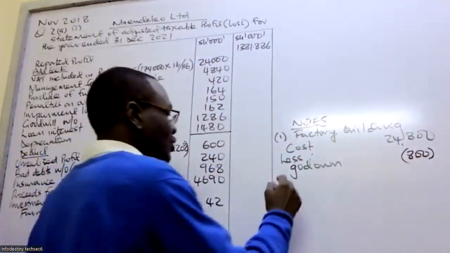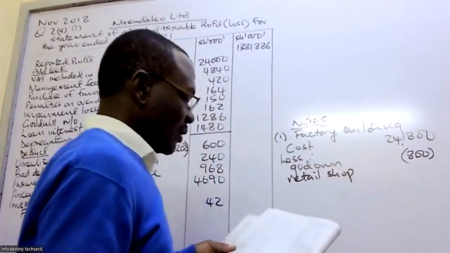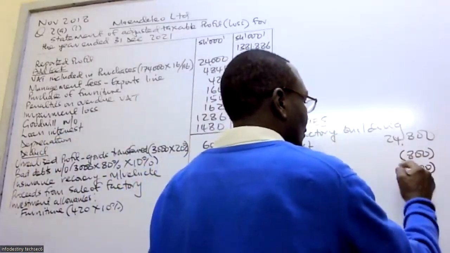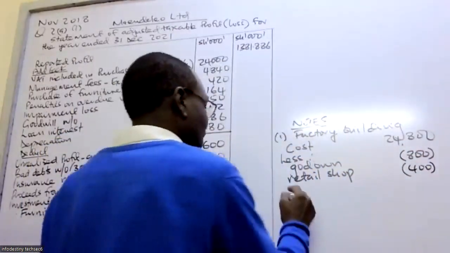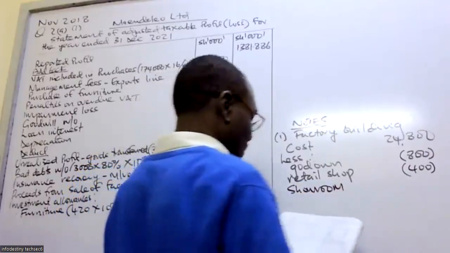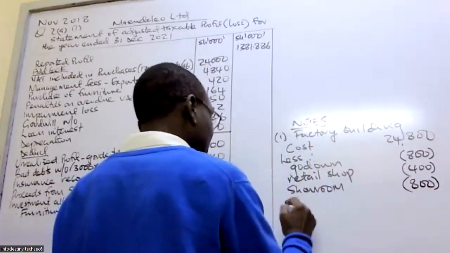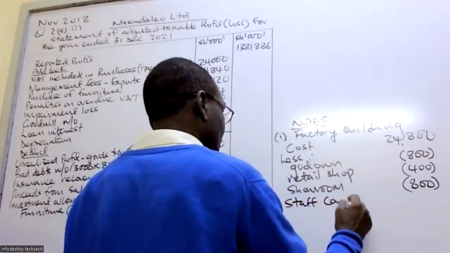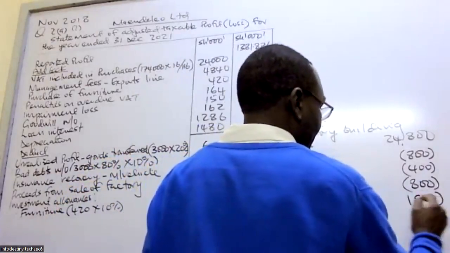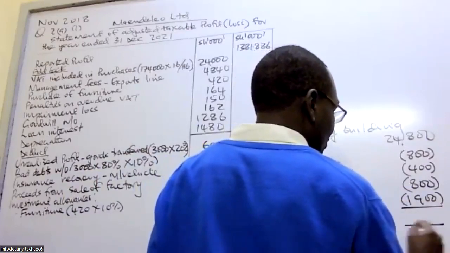Then we deduct retail shop. The retail shop is 400. Then you deduct showroom. And the showroom is 800. Then you deduct staff canteen. And the staff canteen is 1,900. How much is left? 2,900 is left.